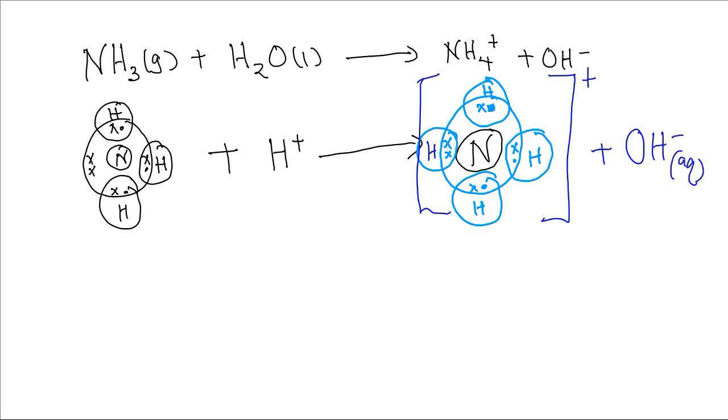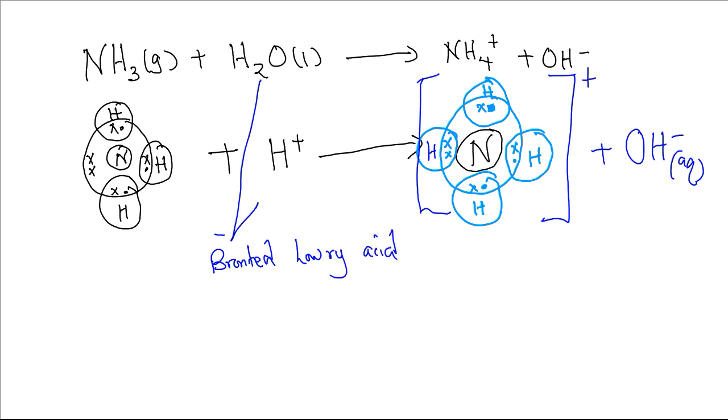So that is how water again behaves like a Bronsted-Lowry acid. So in that case again, water is reacting as an acid. So that is all about the two definitions of an acid.